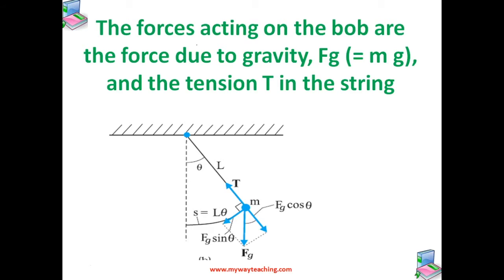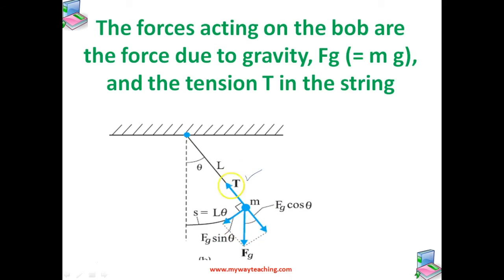And this figure is a kind of free body diagram of a simple pendulum showing the forces acting on the bob. You can see there is a tension, and the force Fg is also acting, and that is resolved into Fg cos theta and Fg sin theta.